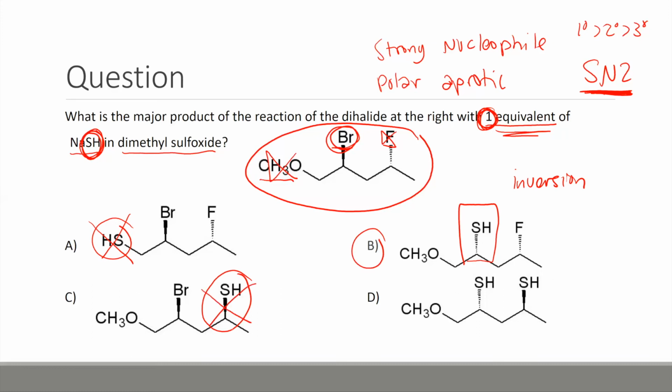In fact, fluorine is a very bad electrophile. And then the problem with D is that it shows substitution of both bromine and fluorine, which we only have one equivalent here of our thiol, and that substitution cannot occur doubly if you only have one equivalent. So again, answer is B.